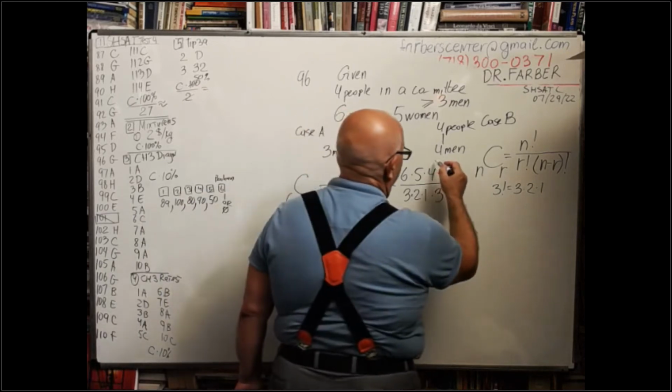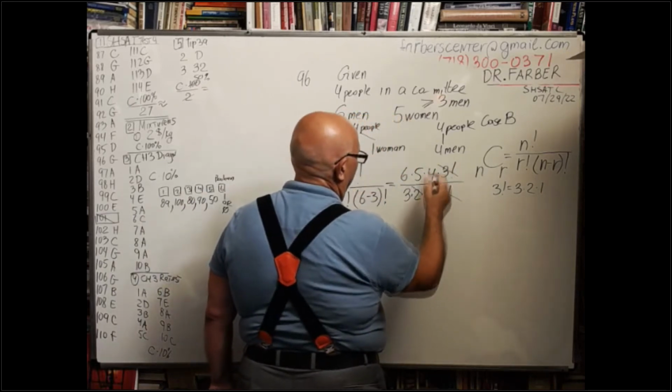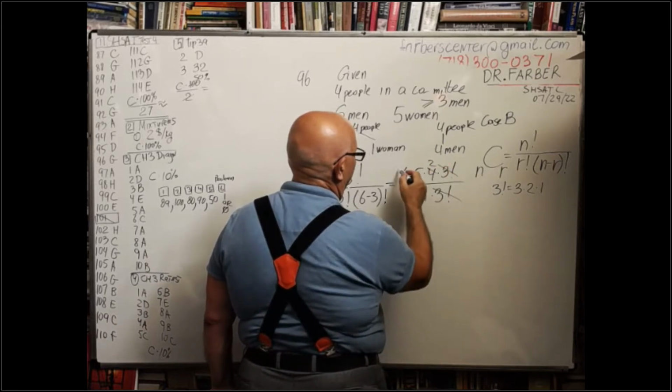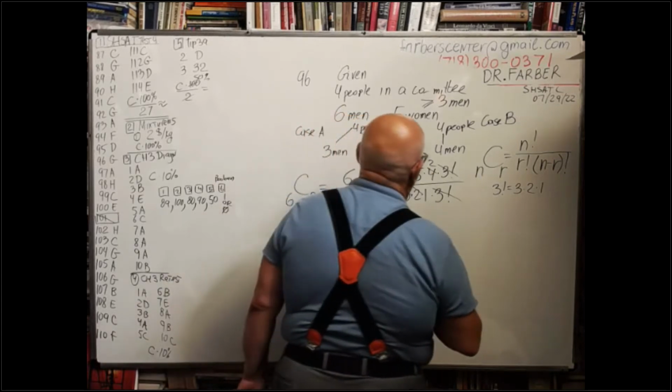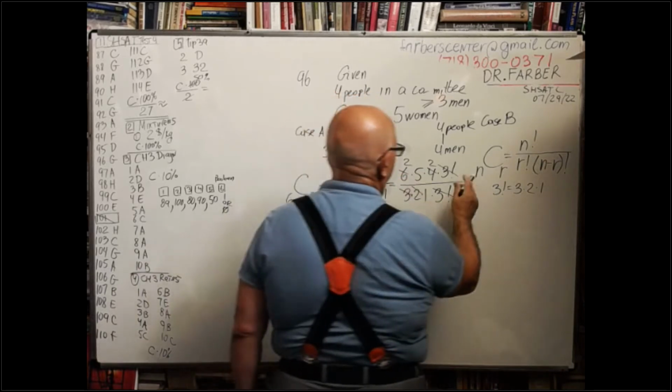After that, cancel out this and this. 2 goes into 4 2 times. And 3 goes into 6 also 2 times. And if you multiply 10 times 2, it will be 20.